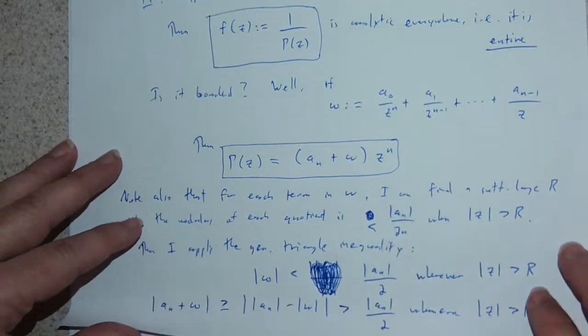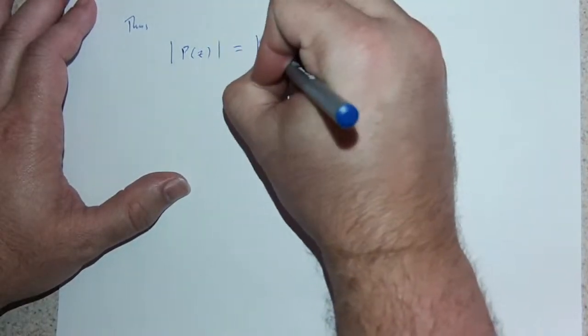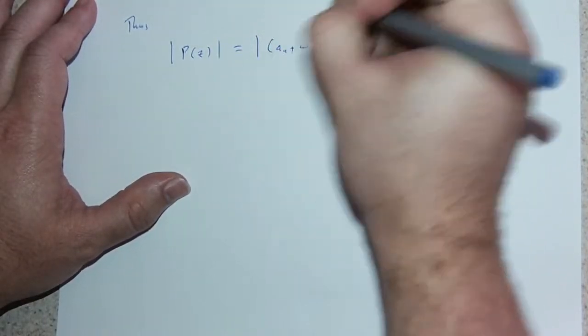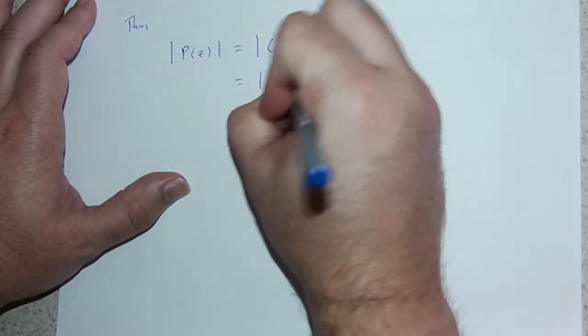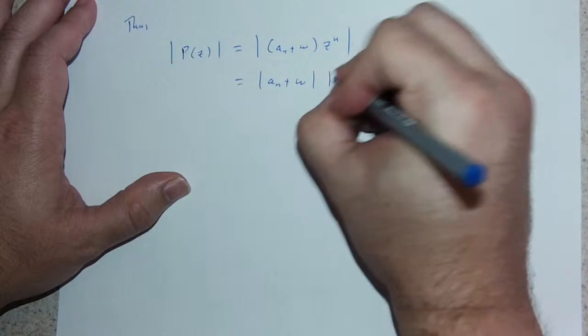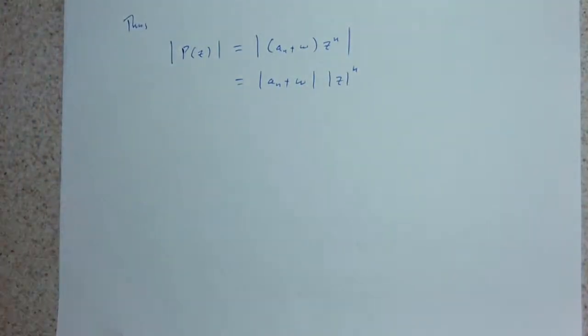So what is the point here? Thus, if I look at the modulus of this p of z, which I have rewritten as a sub n plus w times z to the n, this is the modulus of a sub n plus w times the modulus of z to the n.